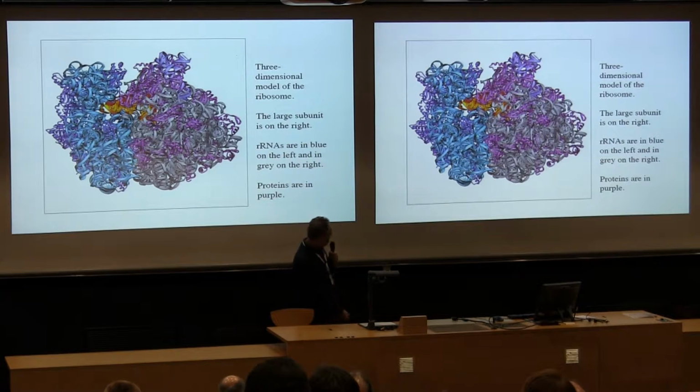So you know the ribosome, a molecular machine that is the basis of protein synthesis. It's made up of two subunits, and each subunit is an assemblage of large RNA molecules and of proteins.